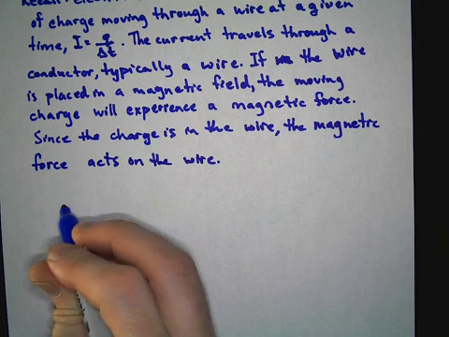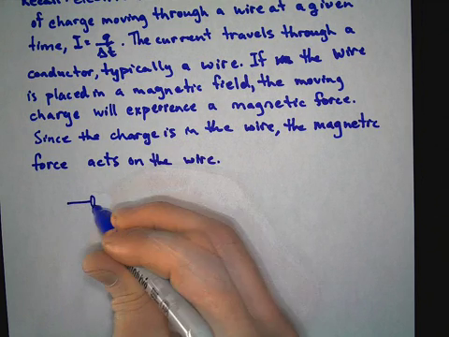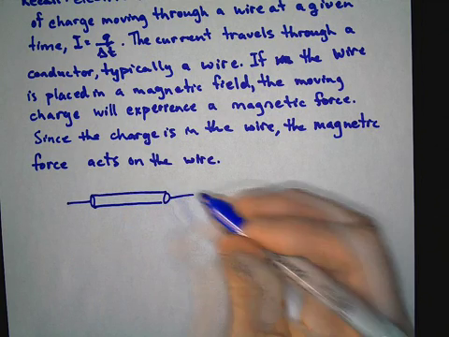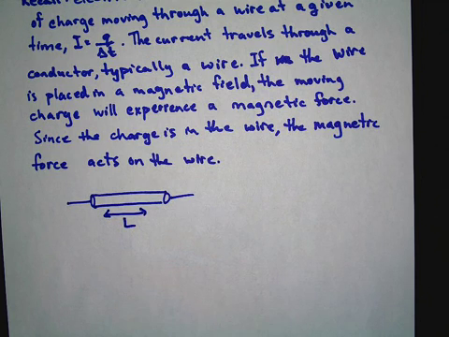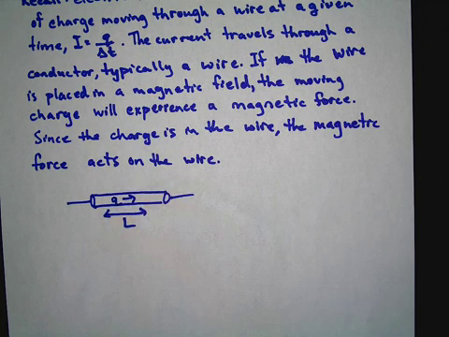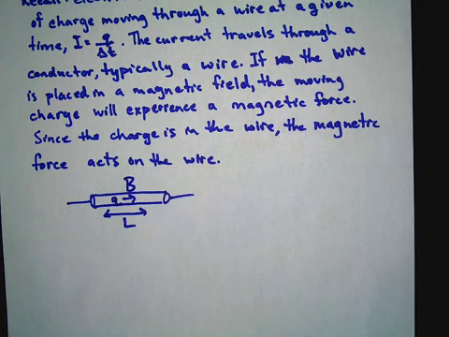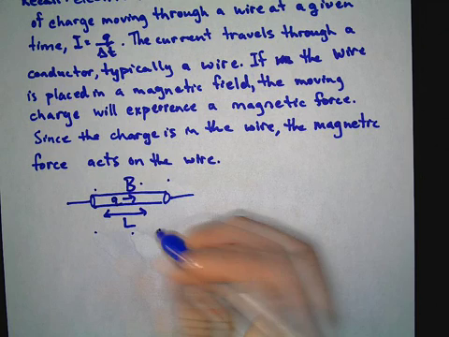I'm just going to draw a portion of it out right now. We have some wire and we're going to observe some little section of it and call that L for the length. And we have some charge that is moving through the wire and it is being placed in some magnetic field B.